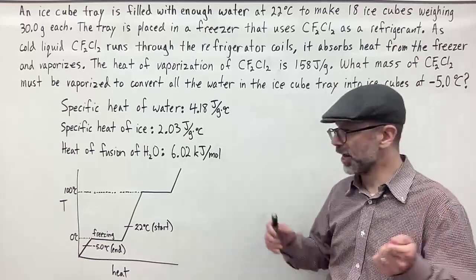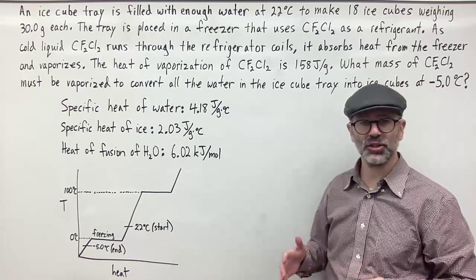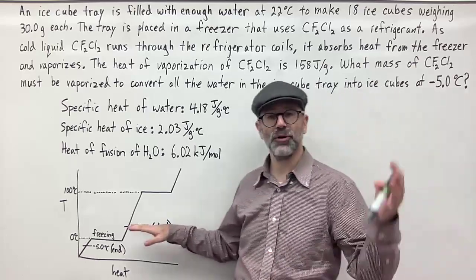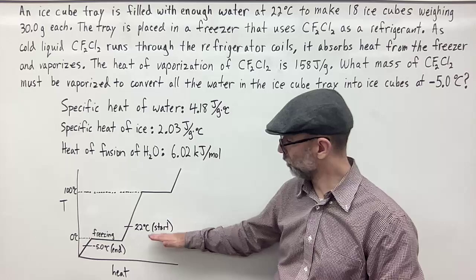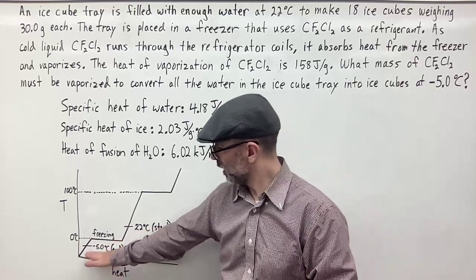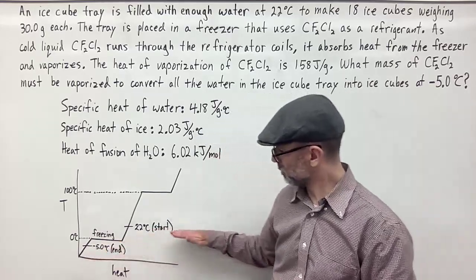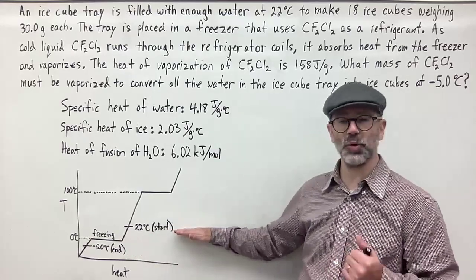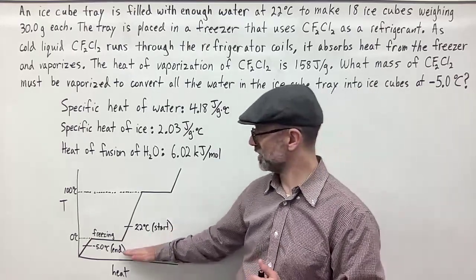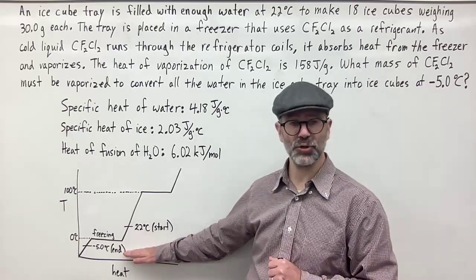So I take my tray, I open up the fridge, I put the tray in the freezer, shut the door, and now the freezer is going to cool down the water. So it's going to cool it down until it gets to ice at negative 5 degrees Celsius. So I'm starting here and I'm ending here. So I start with liquid water at 22 degrees and I end with solid water, ice, at negative 5.0 degrees.